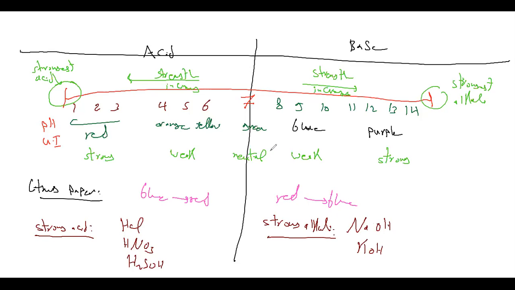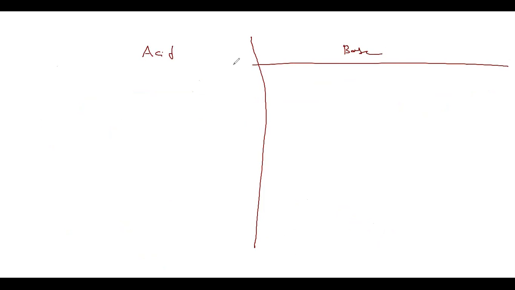And we have a different definition for acid and strong acid or weak acid. For strong and weak, if we say a strong acid or alkali, it means that it is completely ionized.